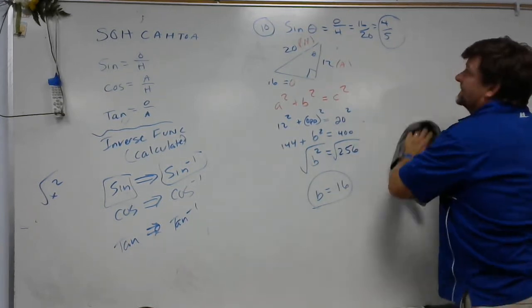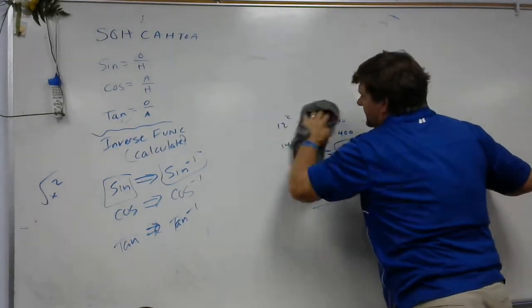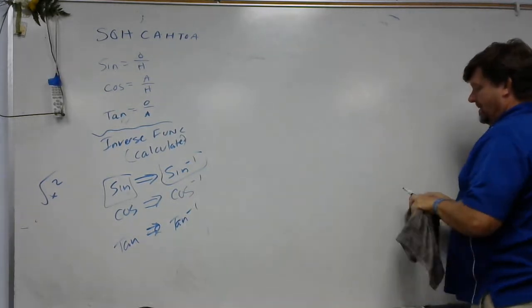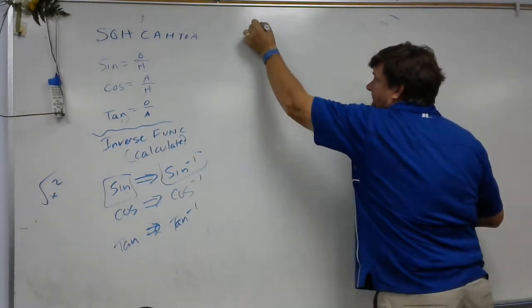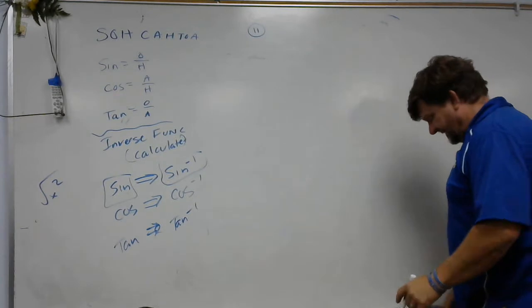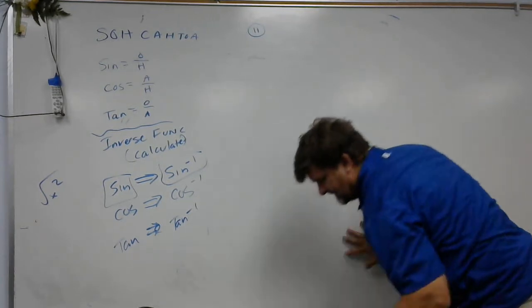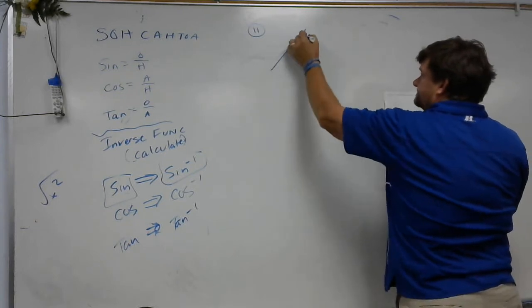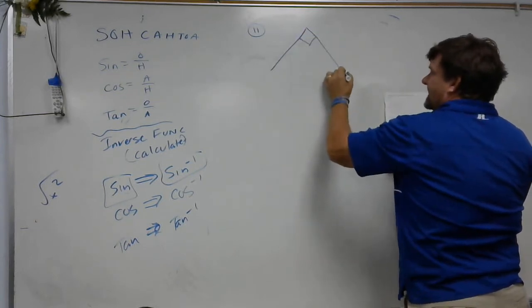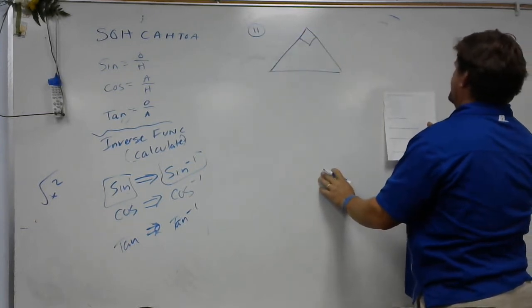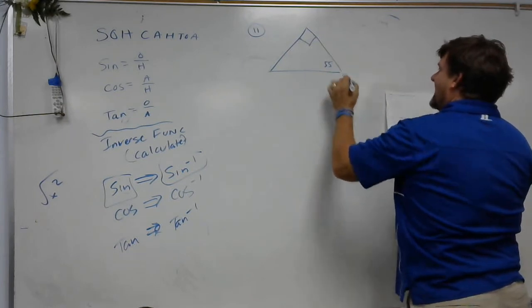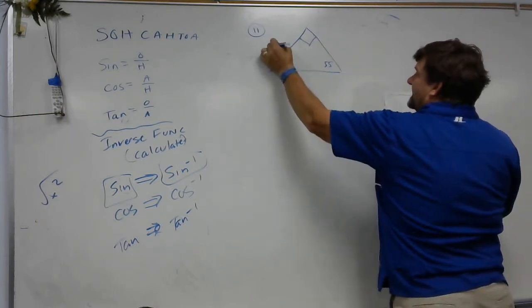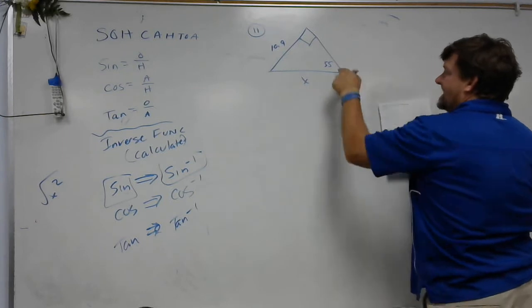You're going fast. All right, so let's tackle this bad boy here. Number 11. Still using this information over here. They give us another triangle. It looks like this, something like that. I'm not very good at triangles. 55, 10.9, and x. So they give us this one.